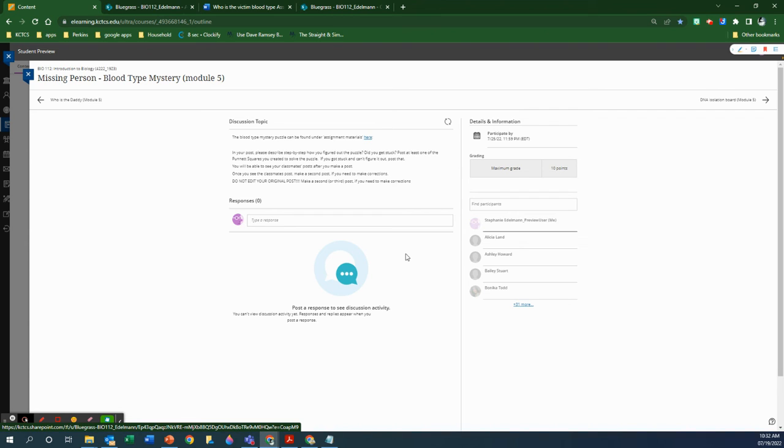So if you're completely lost, make your first post: I'm completely lost, I have no idea how to even start this. If you figure it out, just post that you figured it out. And then I want those of you who were completely lost to look at the other posts and see if you can figure it out. This is a puzzle, and we can help each other get it done.